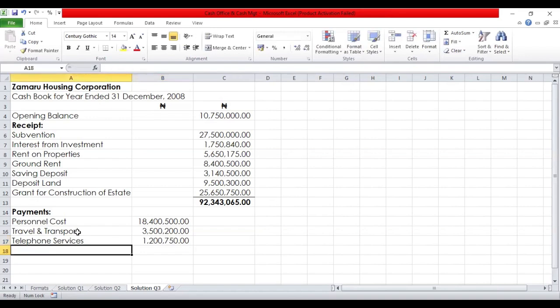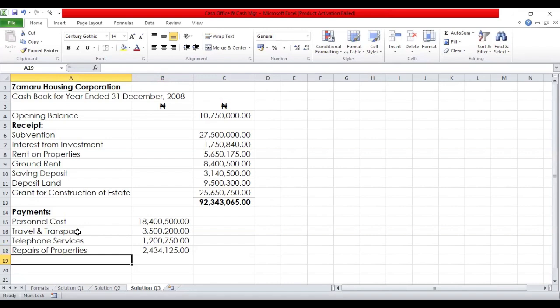Next one is repairs of properties. How much is that? 2,434,125. Is it correct? Yes, sir.